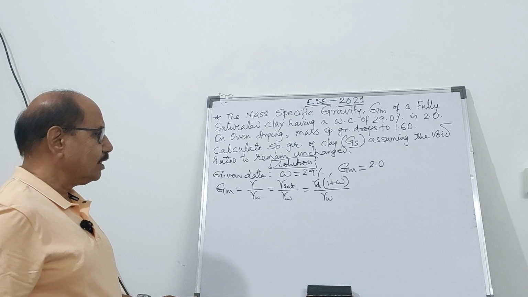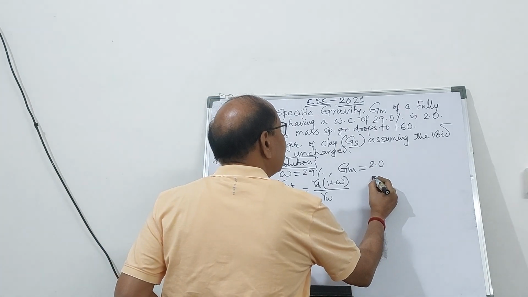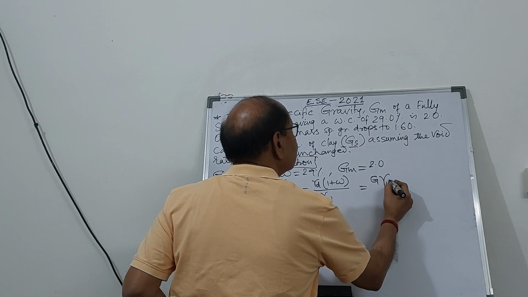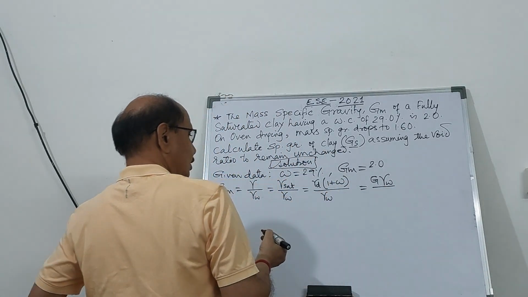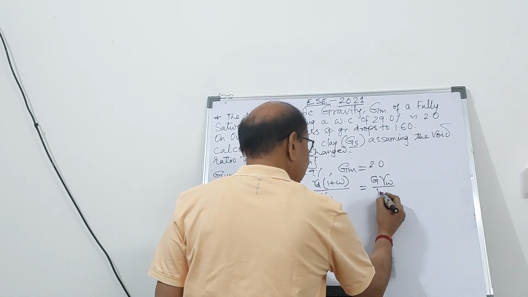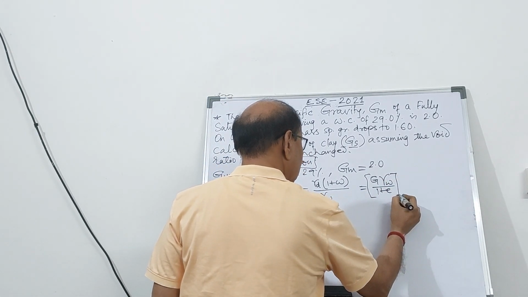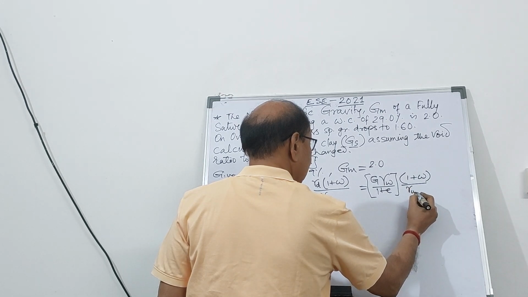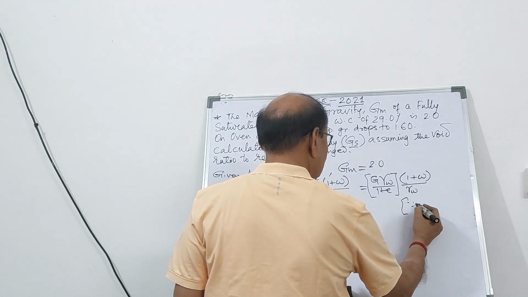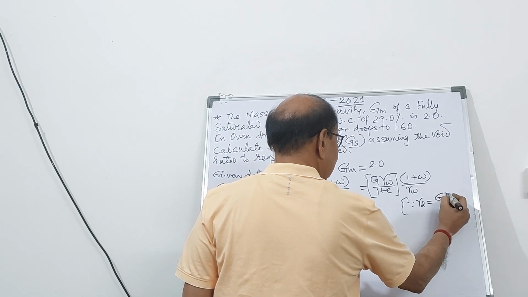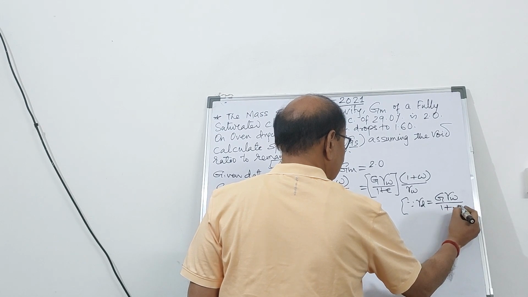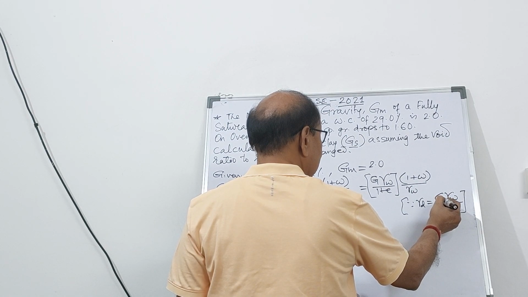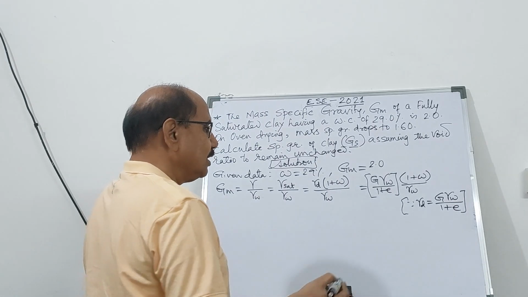And gamma d equals G gamma w upon 1 plus e, where gamma w is the unit weight of water, G is the specific gravity of soil solids, and e is the void ratio.